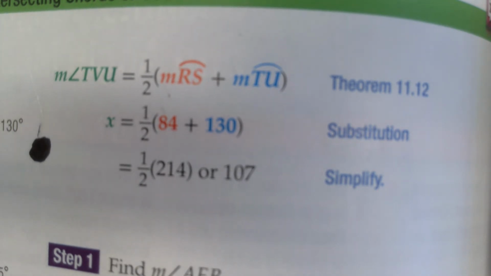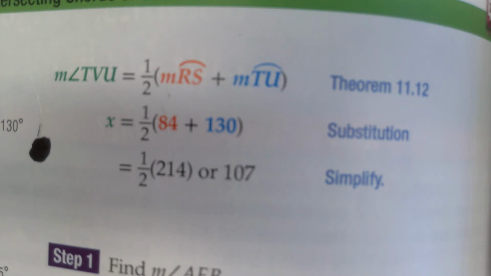All right, does anybody have any questions on that first theorem? So 1/2 times the arc it makes plus the arc that's directly behind it or opposite of it. And it goes either way. Now remember, those two secants rarely cross in the middle. Rarely.